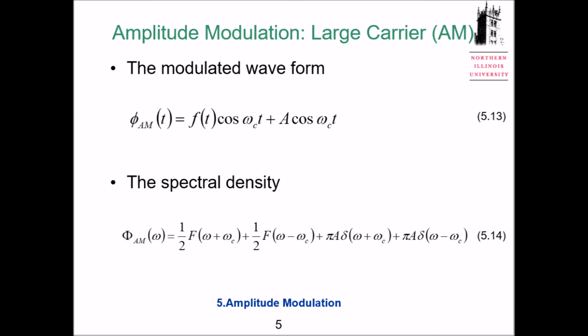So this is called AM. Then we talk about large carrier. We have an impulse, right? At minus omega c, another impulse at omega c. Those are the two large carriers. Okay, the equation may not be clear enough. Yeah, A cosine omega c t, its Fourier transform, I have two impulses. This is from the table.